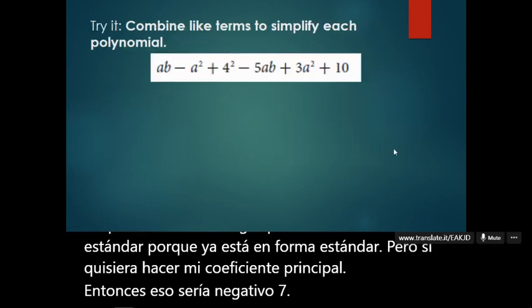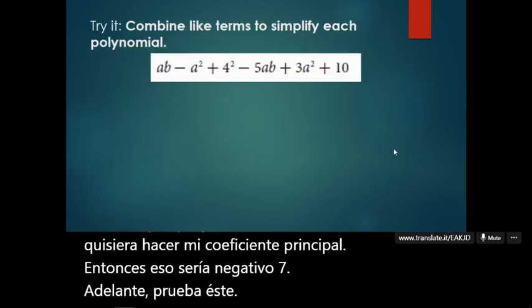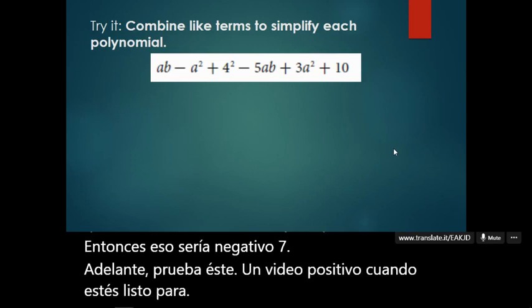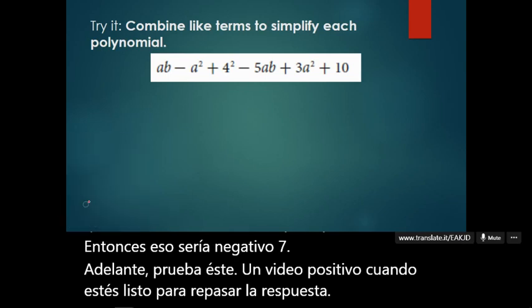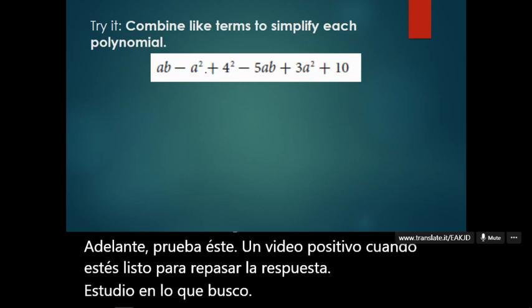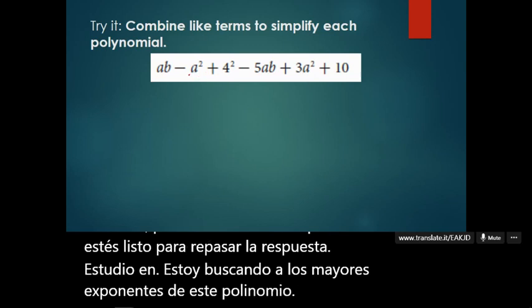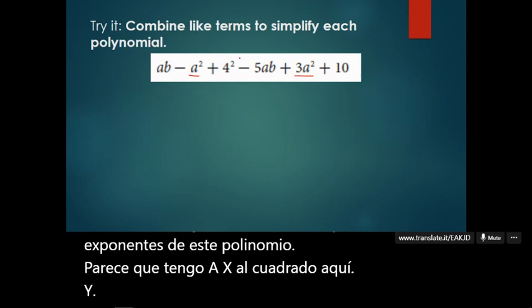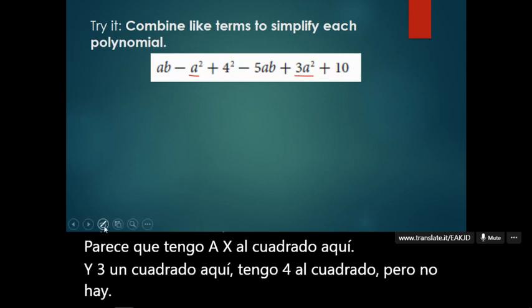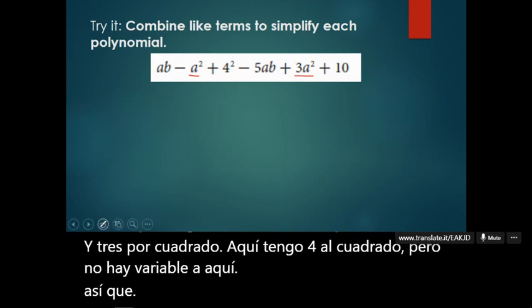Go ahead and try this one out and pause the video when you're ready to go over the answer. To start, I'm looking for the biggest exponents in this polynomial. Looks like I have a squared here and 3a squared here. I have 4 squared, but there's no variable a here. So these two are like terms.